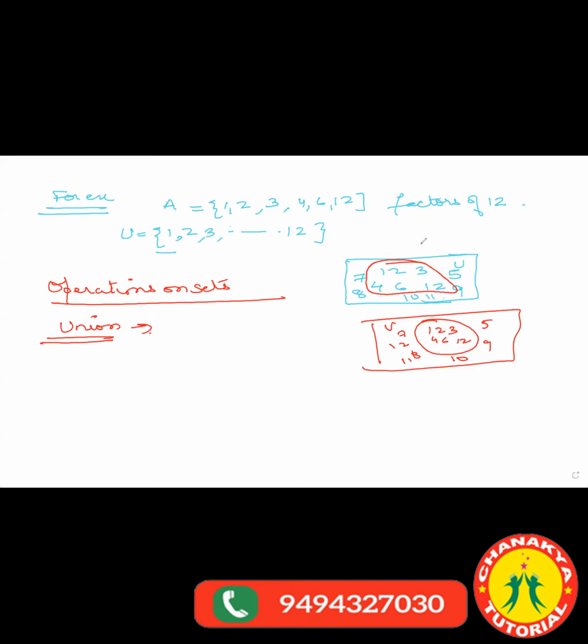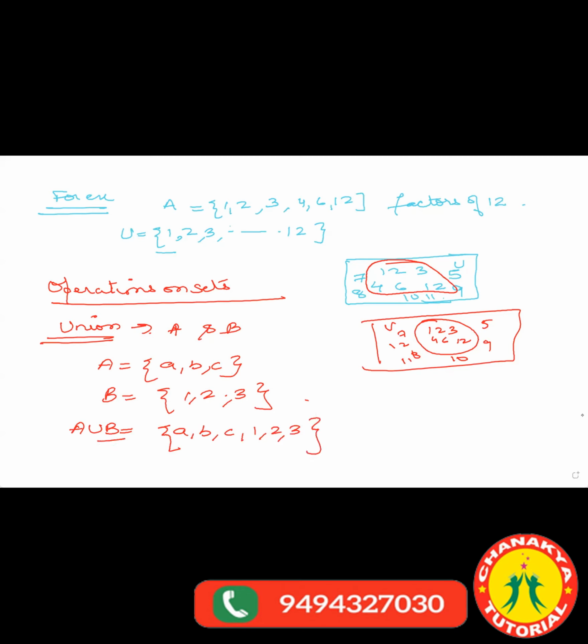What do you mean by unity? Means all one. So union means, suppose there are two sets A and B. Set A has elements a, b, c, and set B has elements 1, 2, 3. If I ask you to write A union B, you will just combine them and write all together: a, b, c, 1, 2, 3. Clear? Union means add all these things.